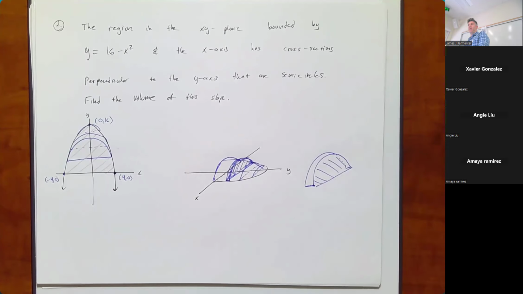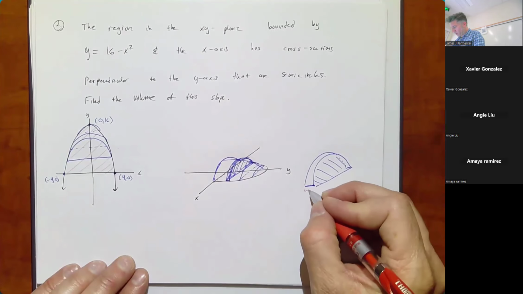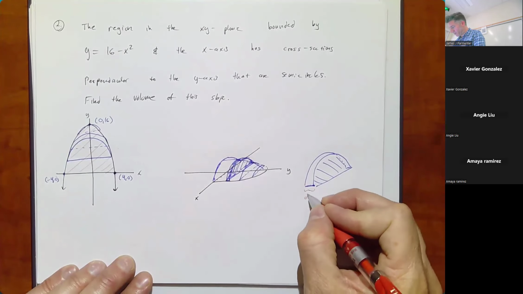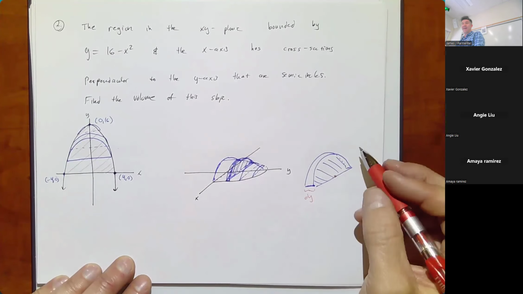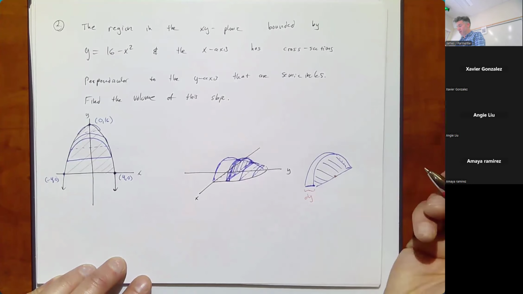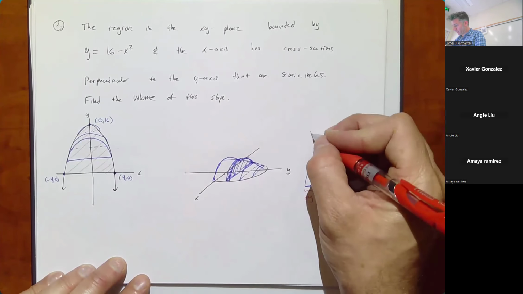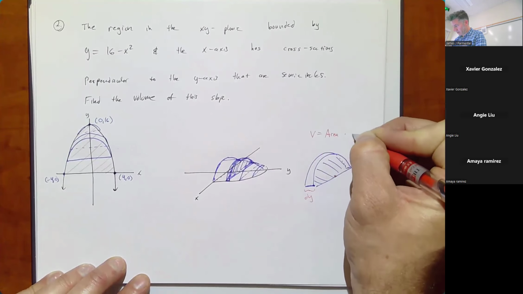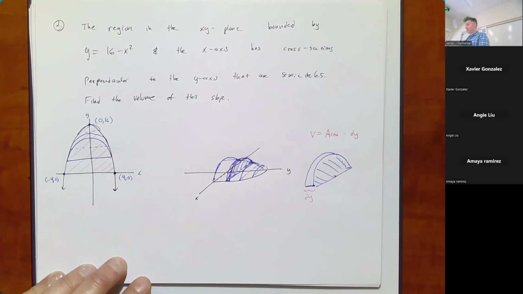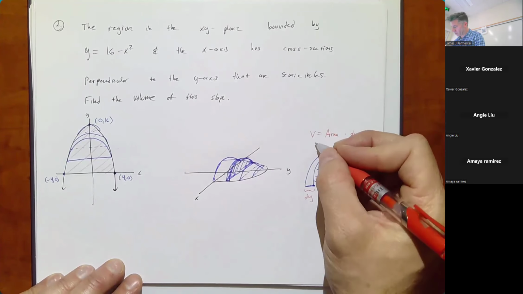That's the slice I'm talking about, with a width of a change in y. And if I want to find the volume of this shape, I need to find the area of that semicircle and multiply it by dy. So the volume here is going to be whatever my area is times the thickness dy. And that's the volume of my cross section, or of my slices.